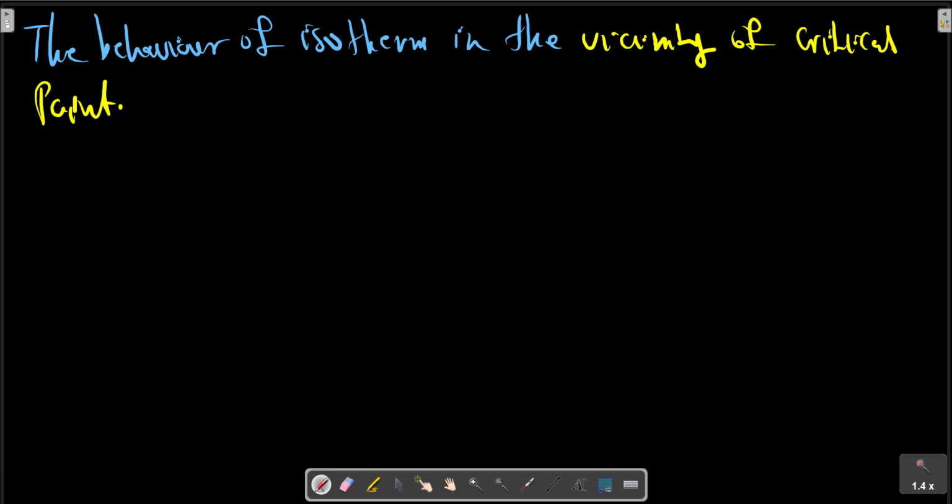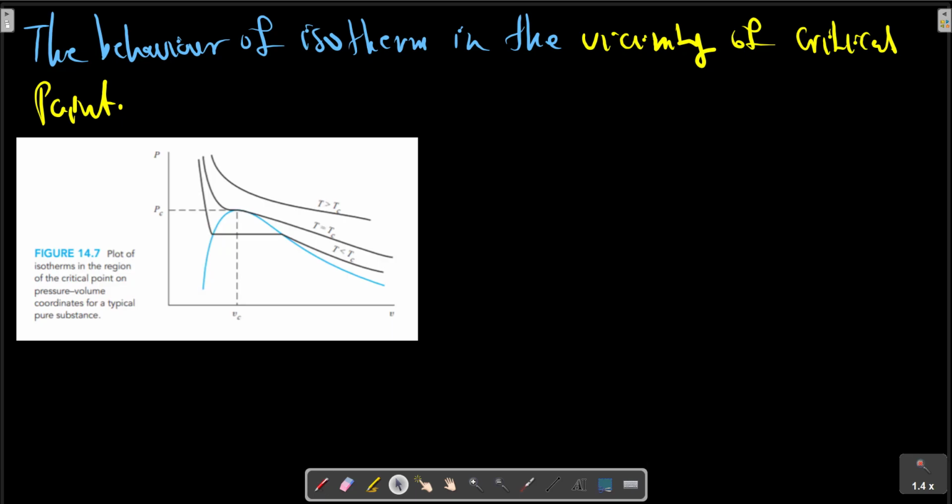The plot of the isotherm in the region of the critical point on pressure-volume coordinates. Mathematically, this means that the first two derivatives are 0 at the critical point.